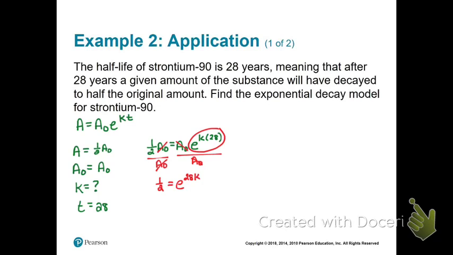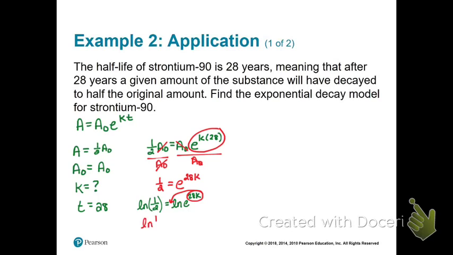How am I going to get that K out of the exponent? Log both sides, and since I have an e, we're going to use natural log. So the natural log of 1/2 equals the natural log of e to the 28K. Let's move that 28K.